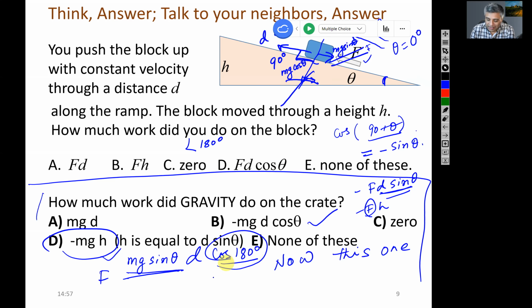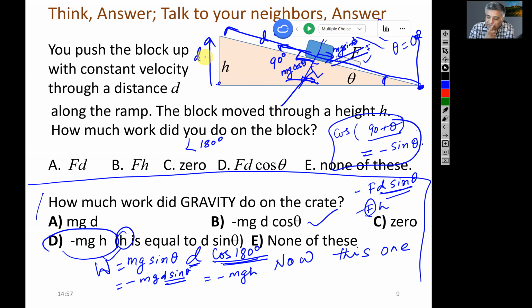So yet another way to look at it is that mg is pointing down. So for the mg force, we can think of, okay, when this thing went from here to here, it also went from this height to that height, meaning it went through this height there. So we can think of displacement as that, and mg as that.